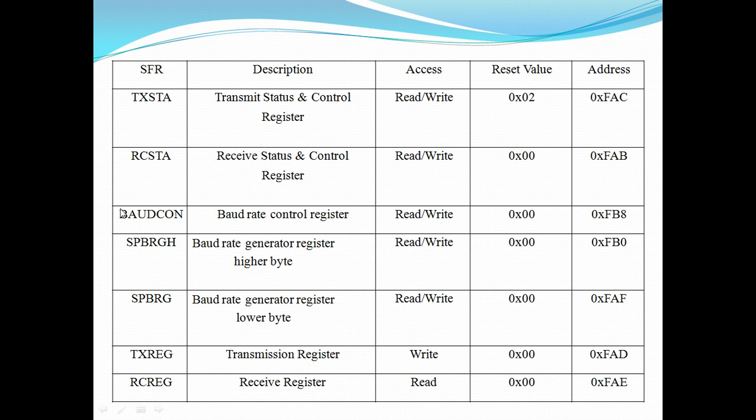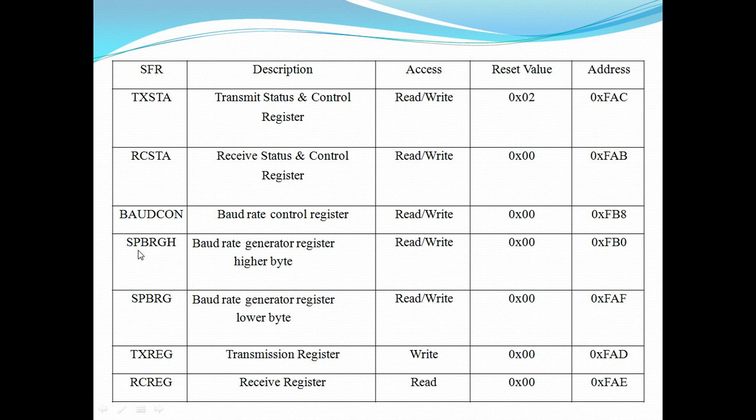These two registers are used for the baud rate generator, higher byte and lower byte. The actual data will be loaded inside the TX register, that is the transmission register, and the receive register will be used for receiving the data.